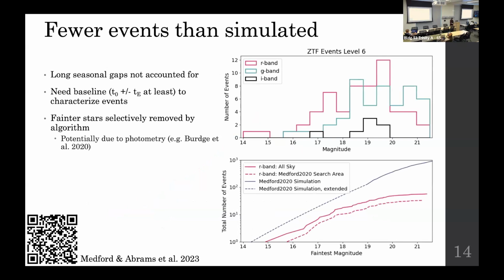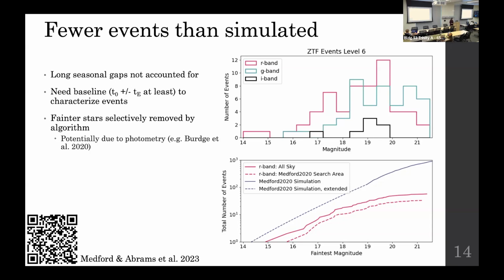So we actually found overall fewer events than we simulated. So in the bottom plot there, you can see the total number of events as a function of the faintest magnitude of that event. The purple is the simulated, the red is what we found. So particularly at the faint end, but overall we found fewer than we expected.